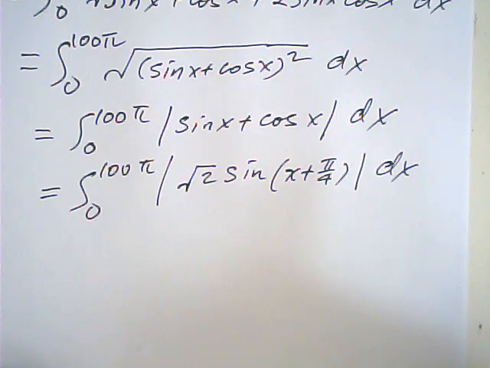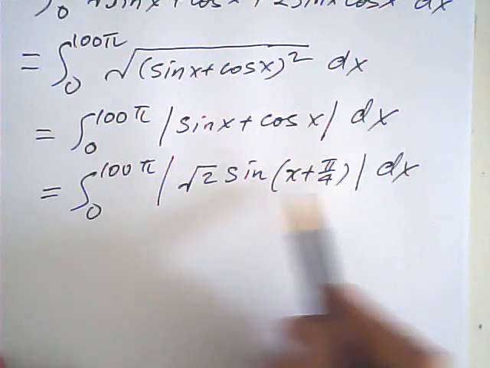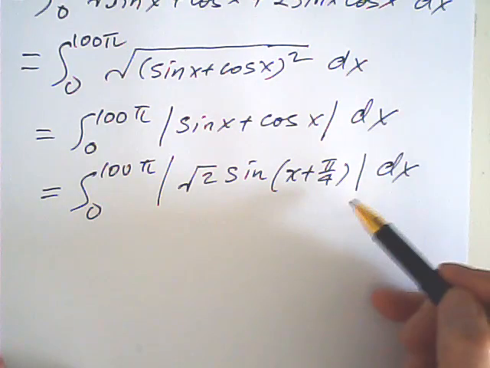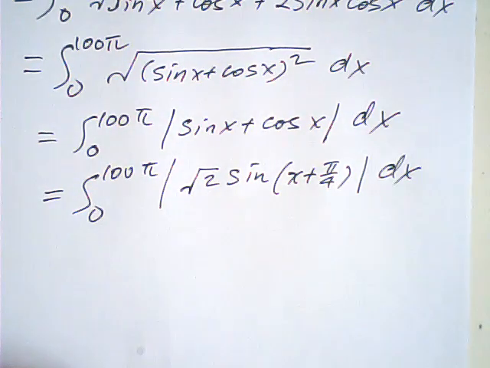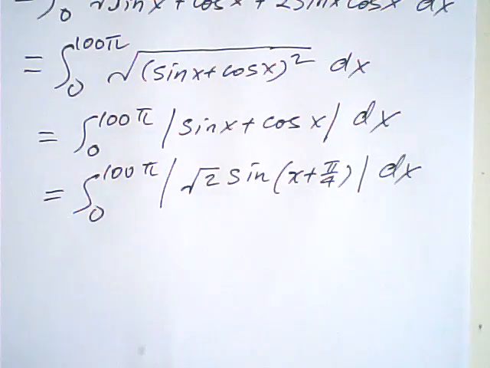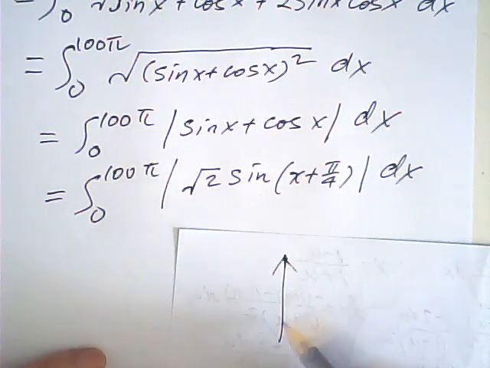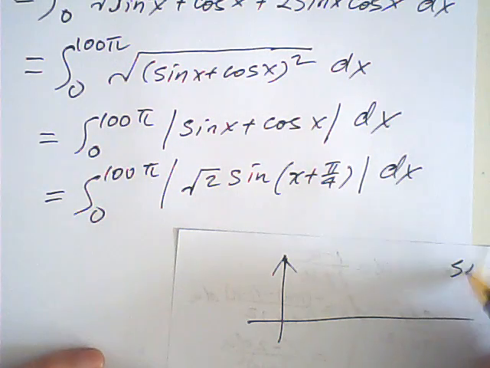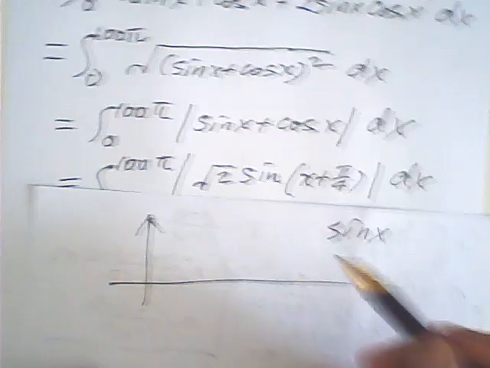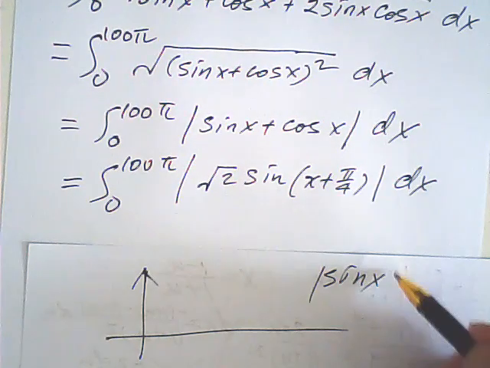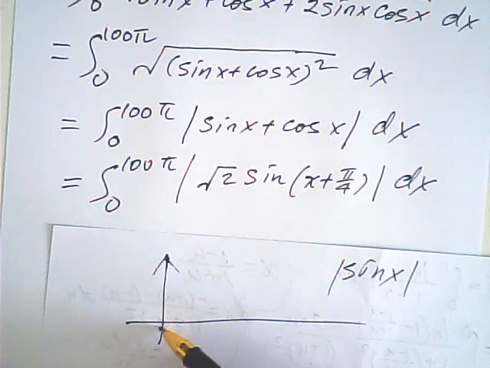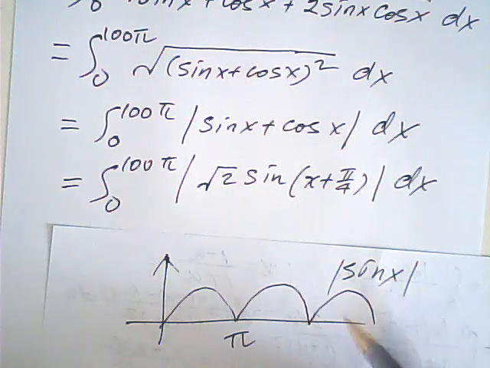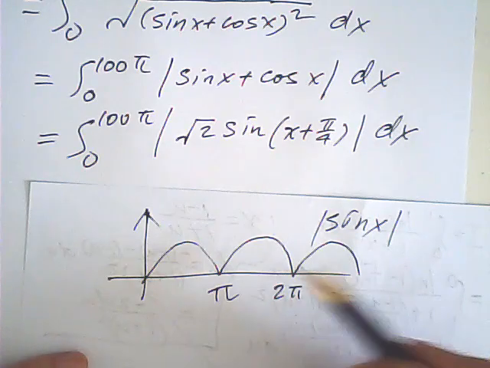And the period of a sine function is 2 pi. But with the absolute value of sine x, it becomes this: pi, 2 pi, right?